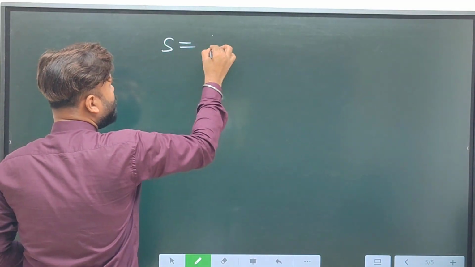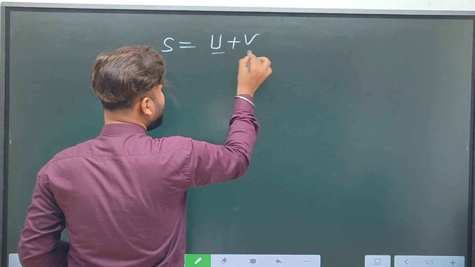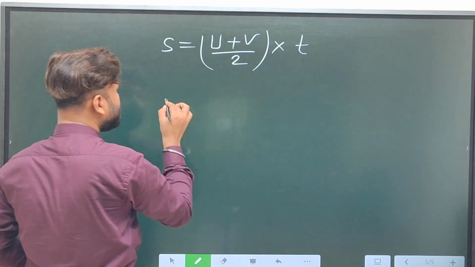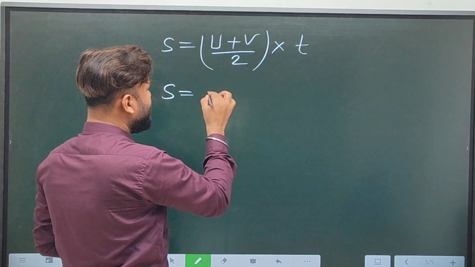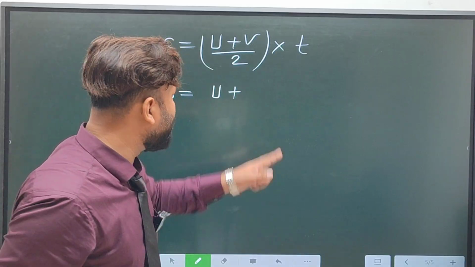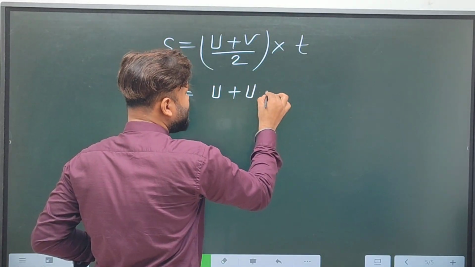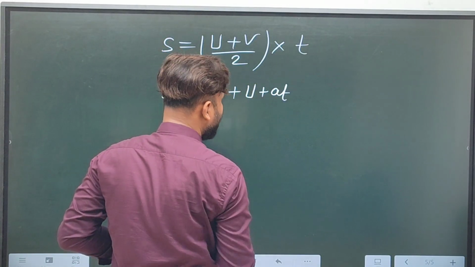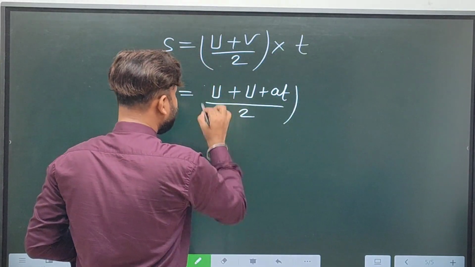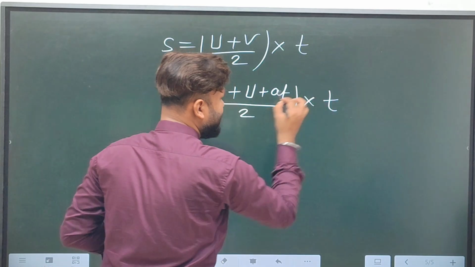So s is equal to u plus v by 2 multiply time. Now in place of v, what will we write, students? Right, we have learned, in place of v we will write u plus at. Now divide by 2, this multiplication time t.